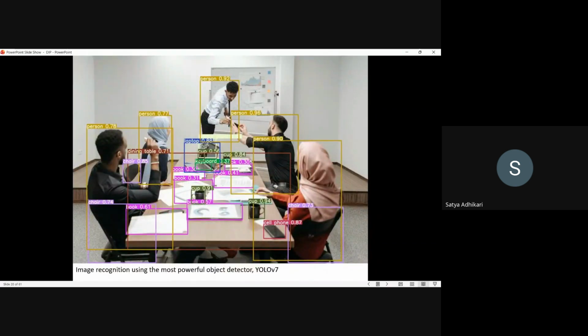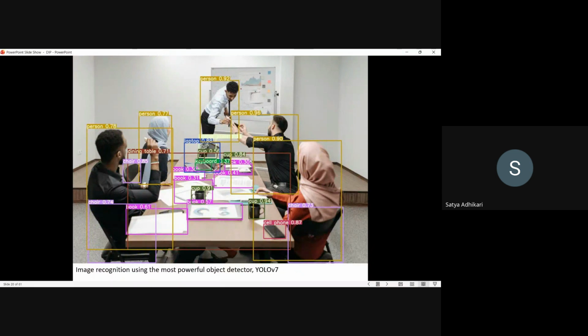You see here, image recognition using the most powerful object detector. You see, there's a person. It also recognizes the dining table, cup, books, laptop, keyboard, cell phone, and you see some boxes in different colors to recognize the same object.